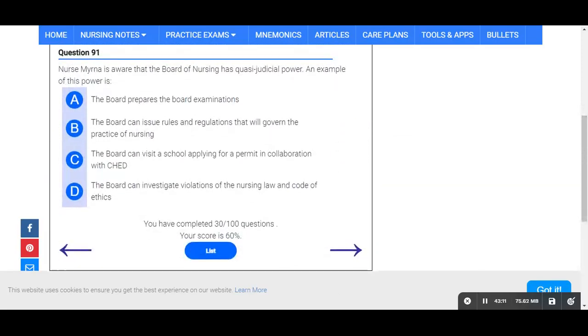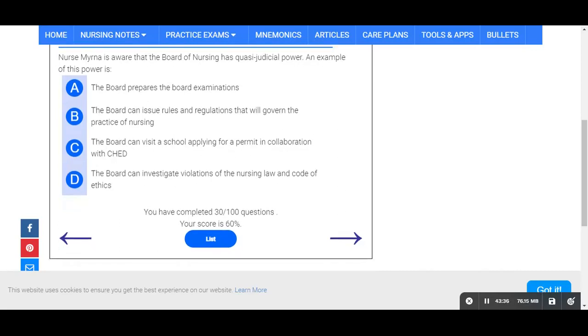Now let's finish this until 100. We're now at question 91. Nurse Myrna is aware that the Board of Nursing has quasi-judicial power. An example of this power is: the board prepares the board examinations; the board can issue rules and regulations that will govern the practice of nursing; the board can visit schools applying for permits in collaboration with CHED; the board can investigate violations of the nursing law and code of ethics.